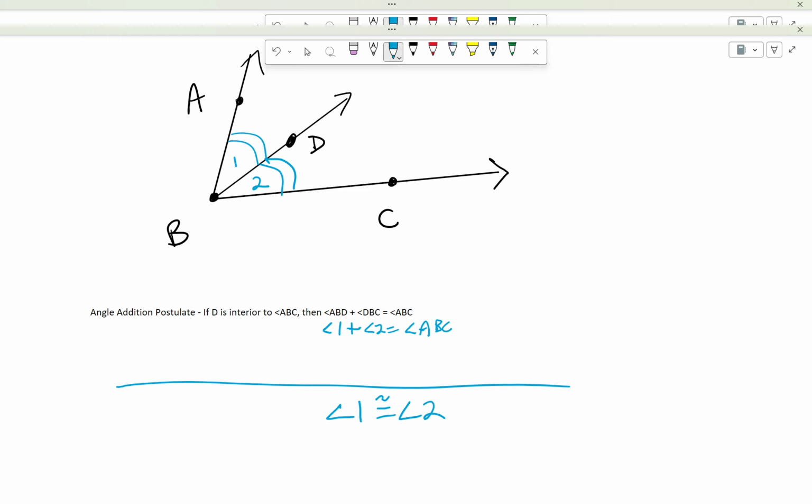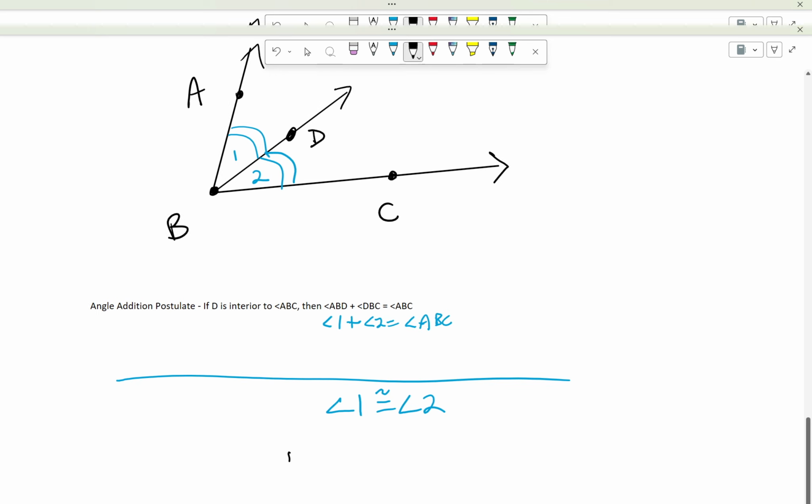What that gives us then is an angle bisector. What it means then is that we have that ray BD, which is the angle bisector, and what that means is that it has split the angle ABC into two equal parts.